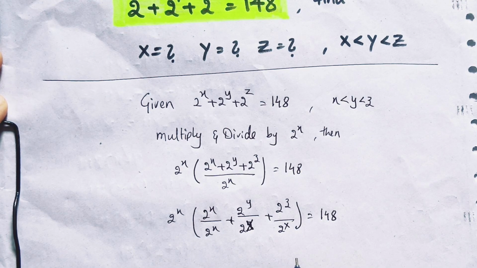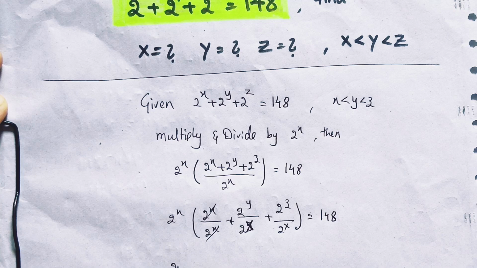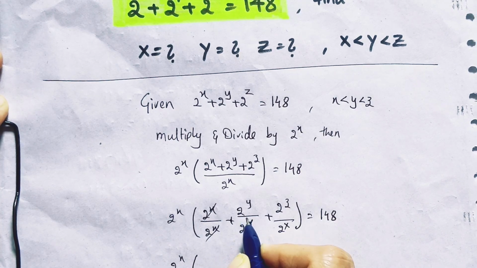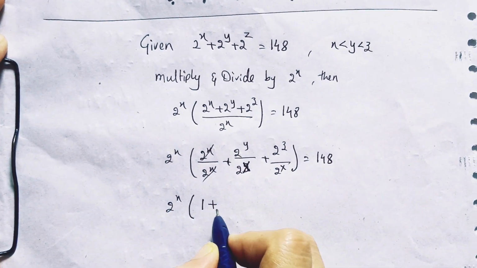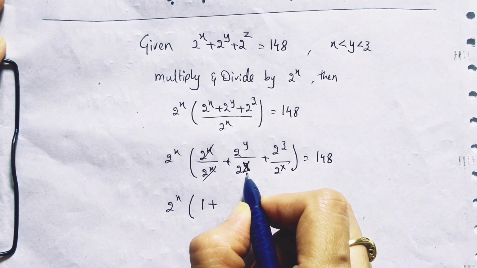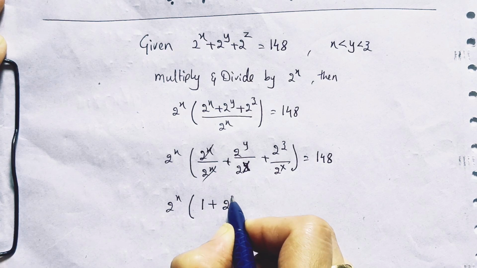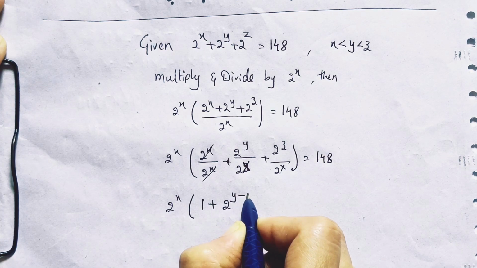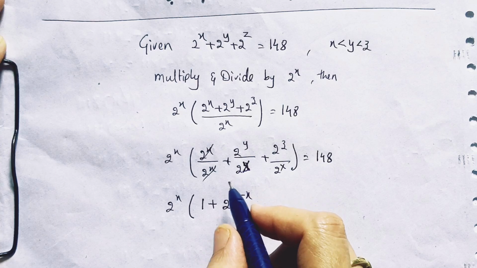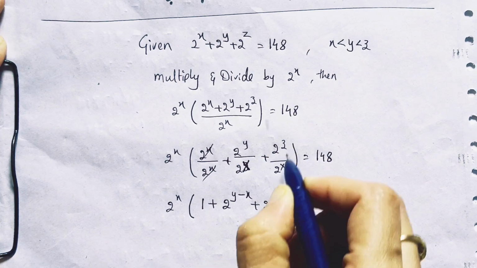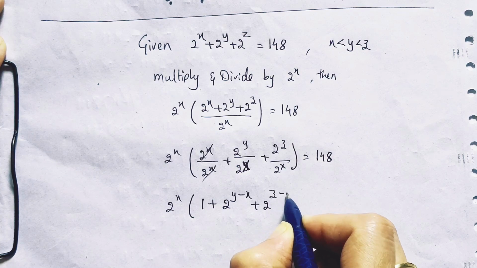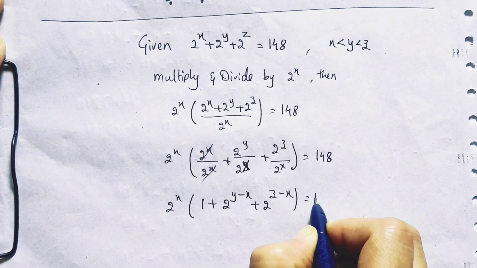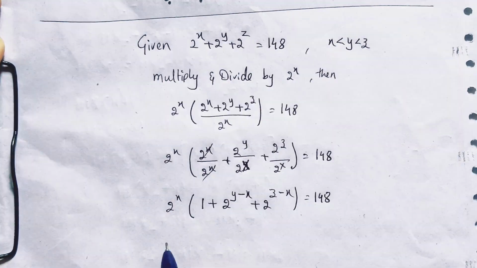Now 2^x gets cancelled in the first term. So 2^x(1 + 2^y/2^x, which can be written as 2^(y-x), + 2^z/2^x, which can be written as 2^(z-x)) equals 148.